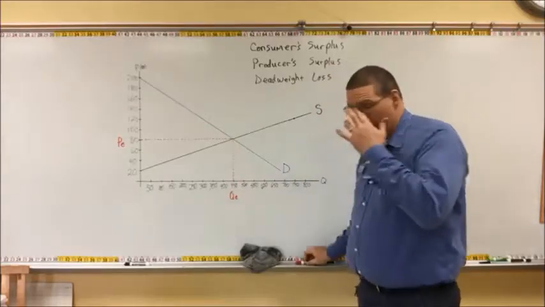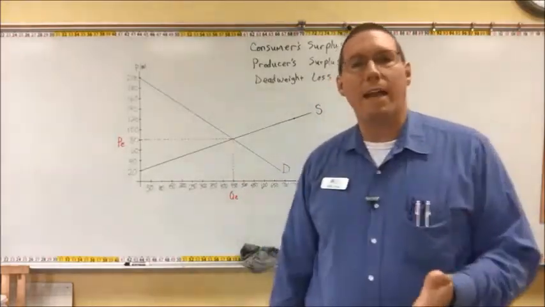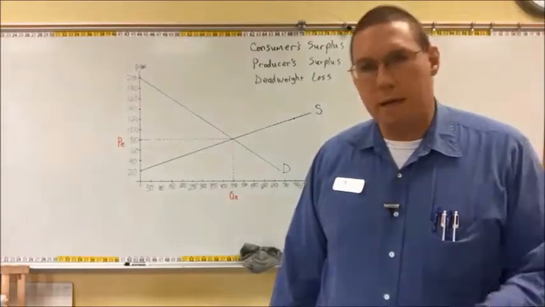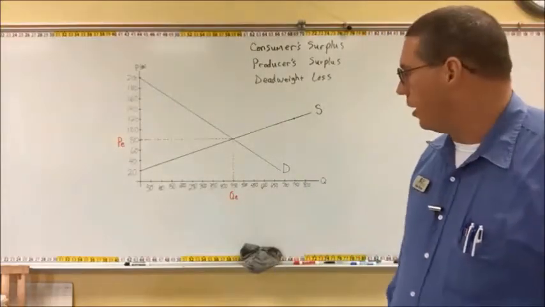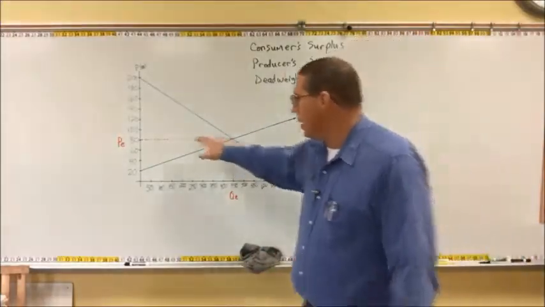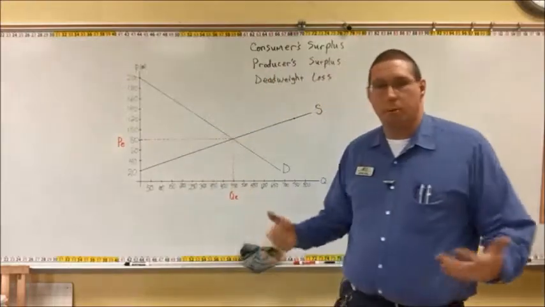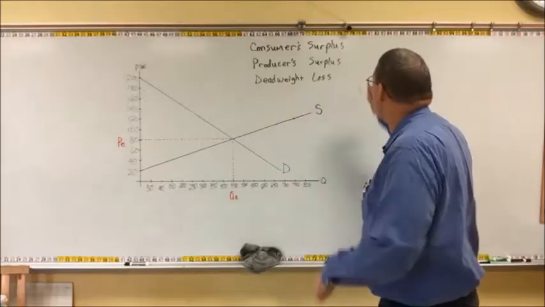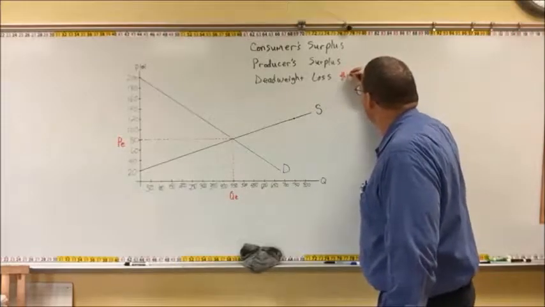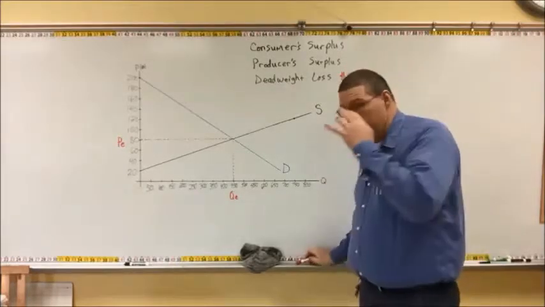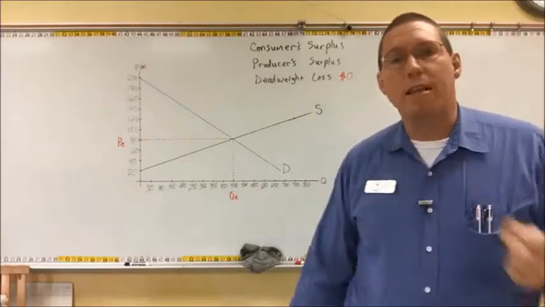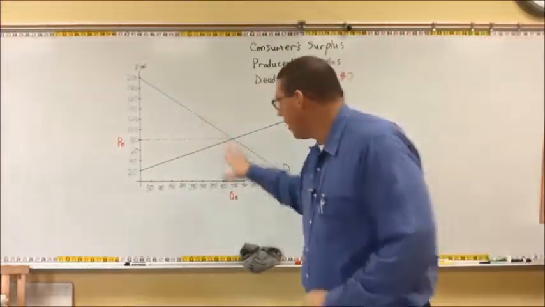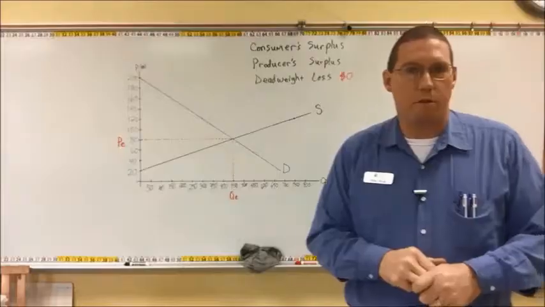Now, the first thing that you need to understand is that when a market is operating at equilibrium price and equilibrium quantity, then there is no deadweight loss. Deadweight loss will actually be zero. This is considered to be the most efficient price and quantity in this market.